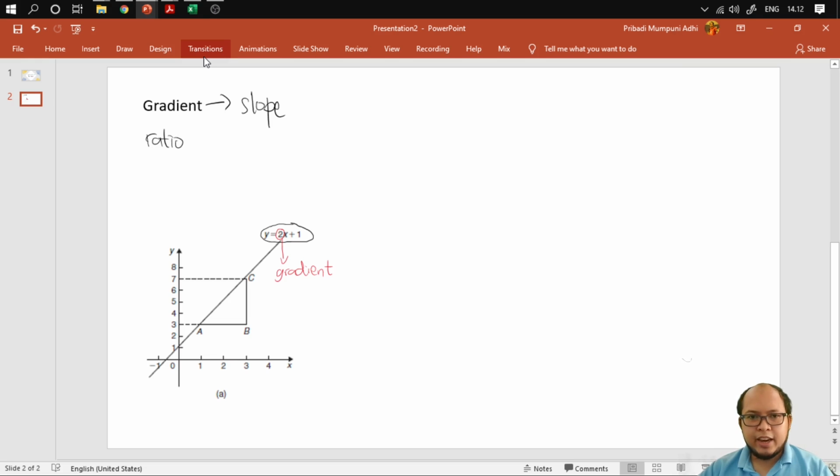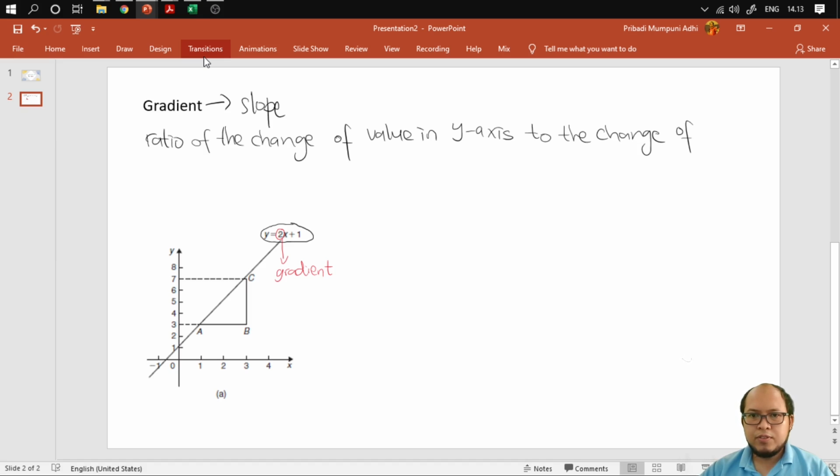So this one is a ratio of the change of value in y-axis to the change of value in x-axis between 2 points on the straight line.